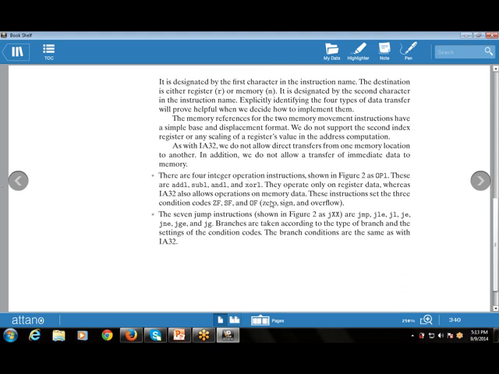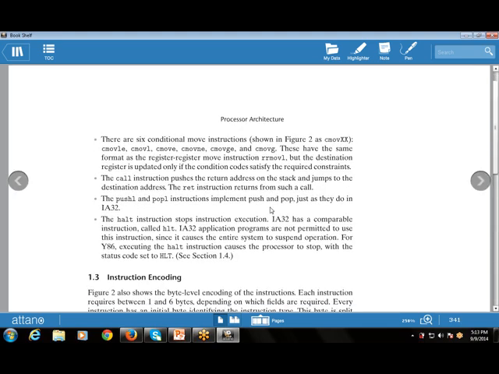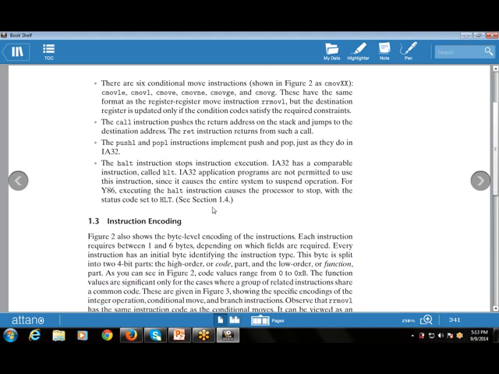These are the topics which were covered with the help of slides. Then next is your instruction encoding. This is also discussed, that is how we do the encoding, giving a new format to the instructions. This says each instruction requires between 1 and 6 bytes depending on which fields are required.